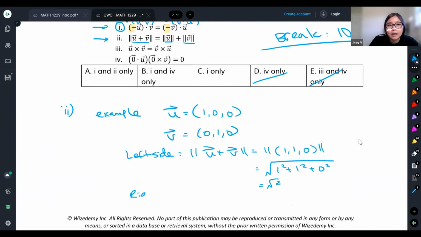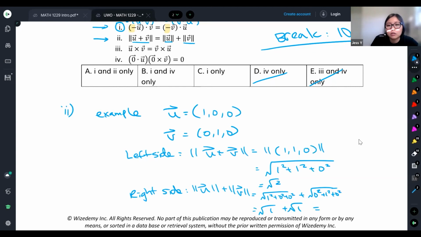And then the right side, that's going to be the length of u plus the length of v. The length of u is the square root of 1 squared plus 0 squared plus 0 squared. Length of v, square root of 0 squared plus 1 squared plus 0 squared. And if you calculate this one, this is the square root of 1 plus the square root of 1, which is 2. These are not the same, right? Square root of 2 and 2 are not the same.